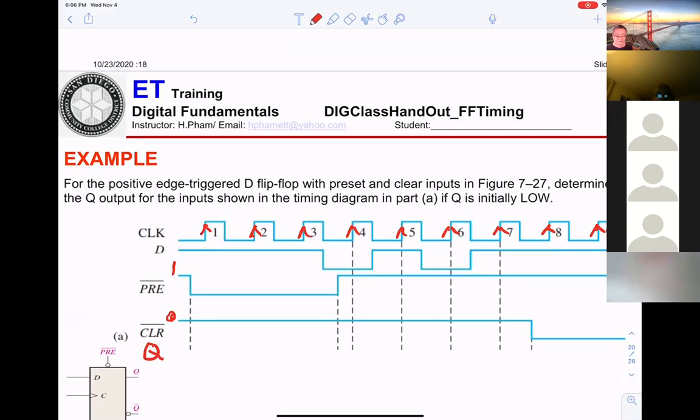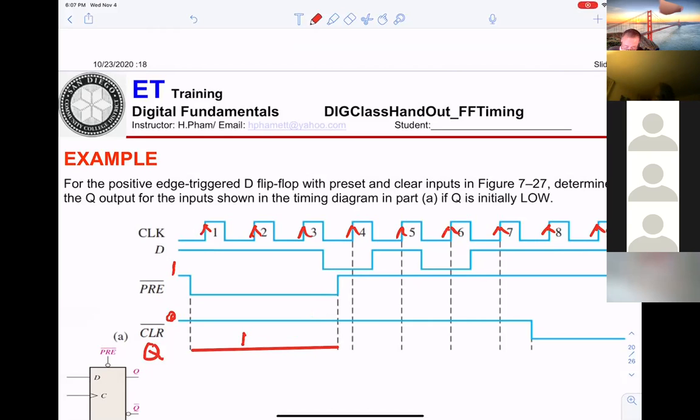Perfect. They will be 1. Okay, they will be 1. And they're 1 up to where? 4.